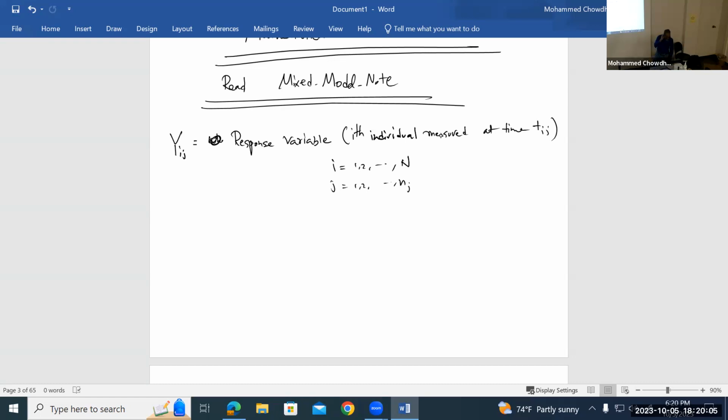What is the meaning of this? Here i equal to 1 to n means there are altogether n subjects. i equal to 1 to capital N means there are altogether 100 schools.